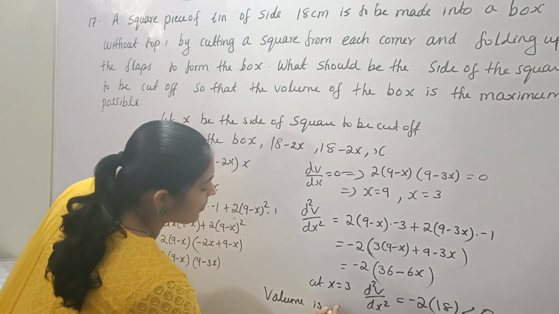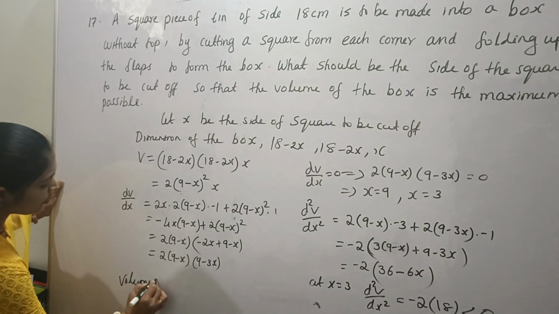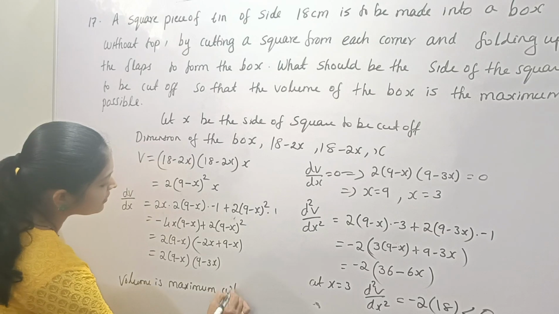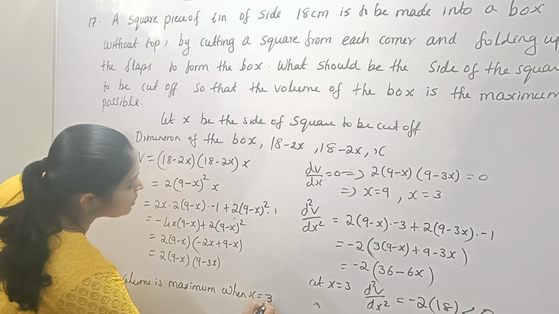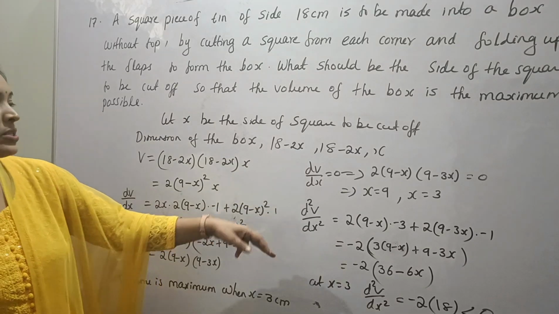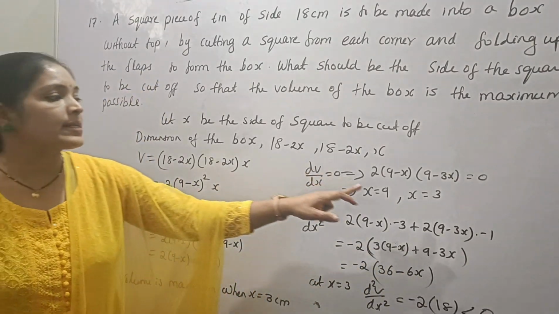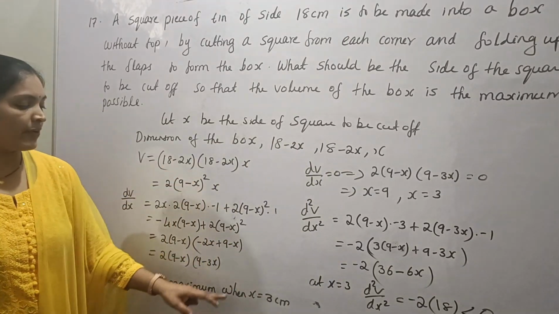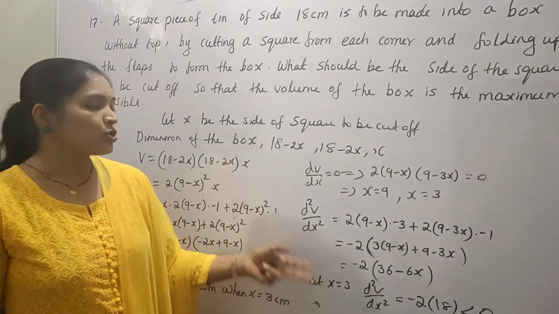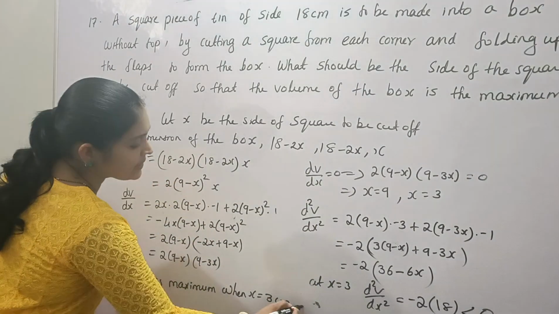So volume is maximum when x is equal to 3 centimeter. Okay, x is equal to 9 is not possible because when we substitute x is equal to 9, this will be 0. Okay, so here x is equal to 3. When x is equal to 3, d square v by dx square, we have got it is maximum. So therefore this volume is maximum when x is equal to 3 centimeter.